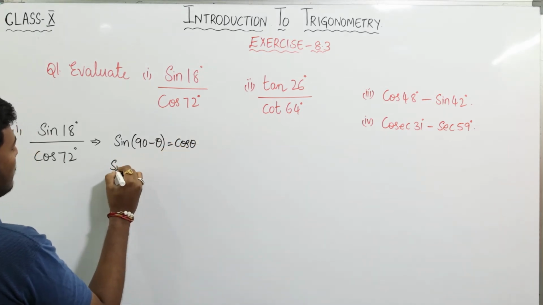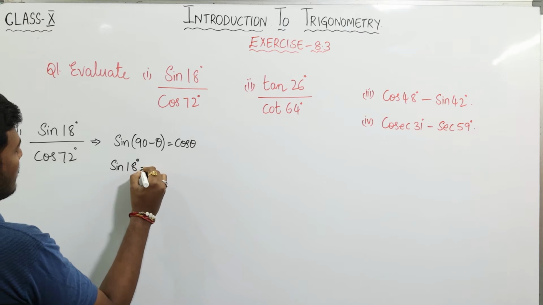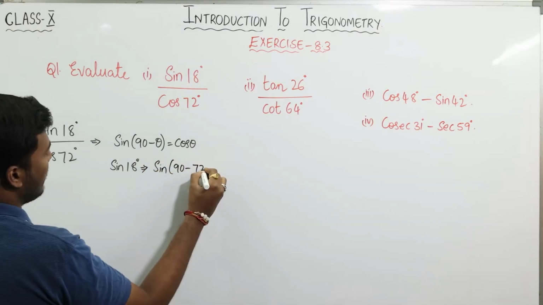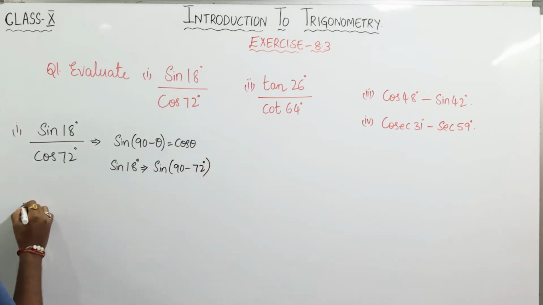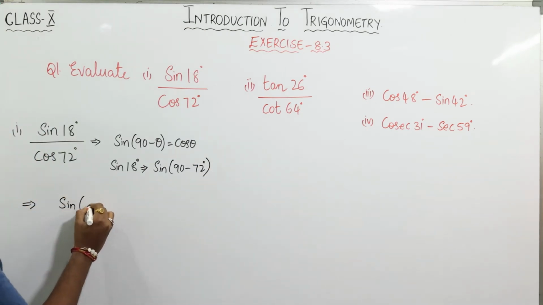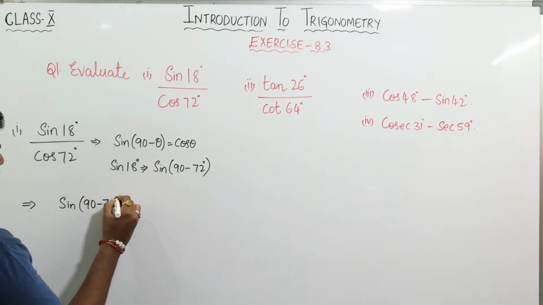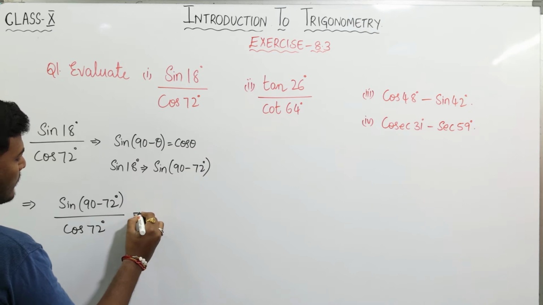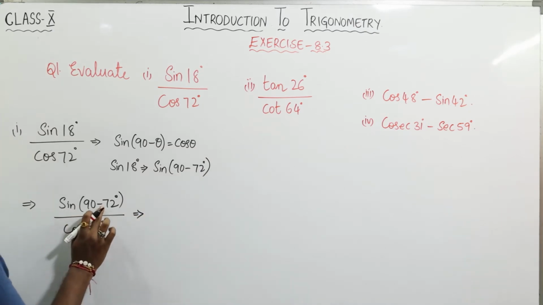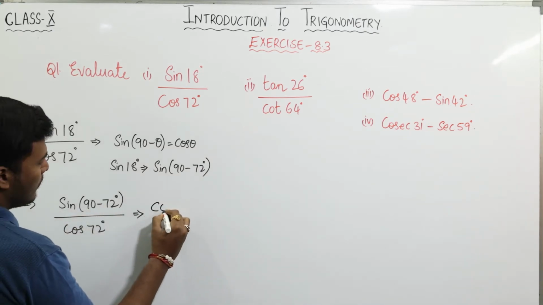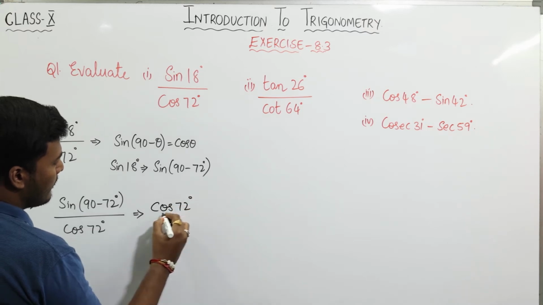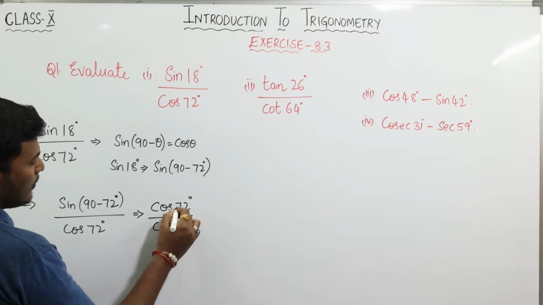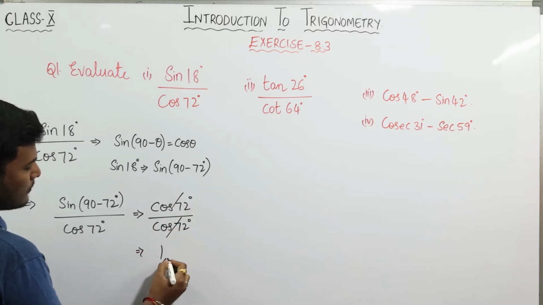So I am writing sine 18 degrees as sine 90 minus 72 degrees. So sine 90 minus 72 degrees by cos 72 degrees. Sine 90 minus theta becomes cos theta, in the place of theta we have 72 degrees, by cos 72. Cos gets cancelled. The answer is 1.